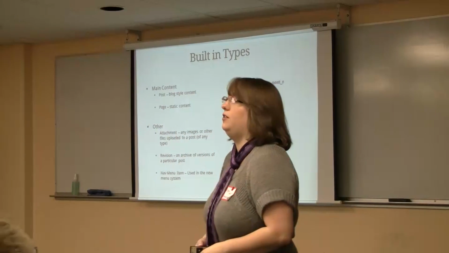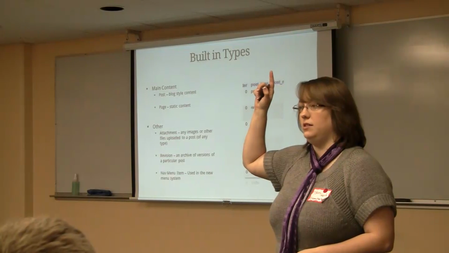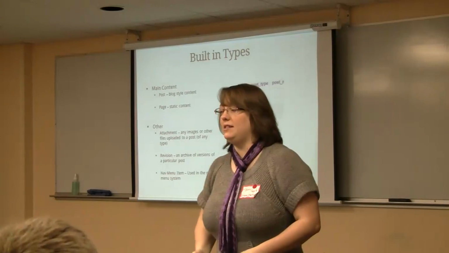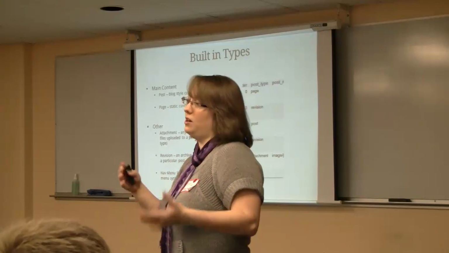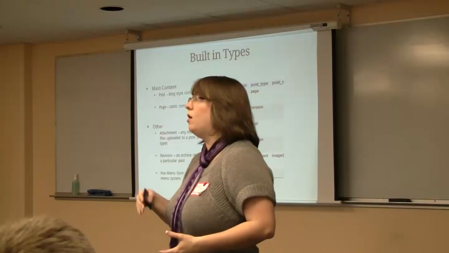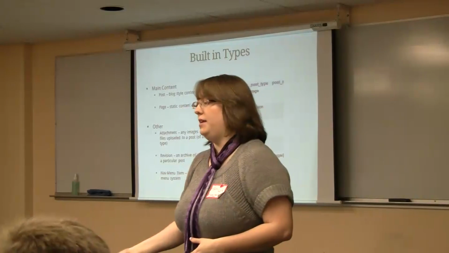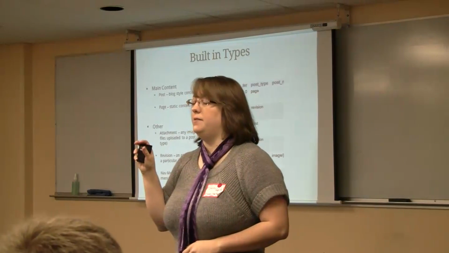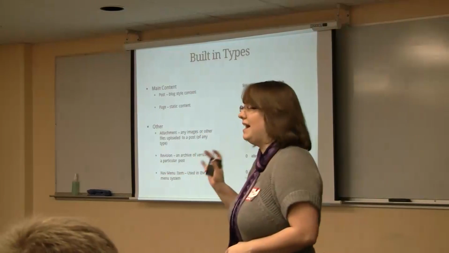And if you were, I don't know, did anybody come from the images presentation upstairs? Okay, so he talked about attaching images, and basically what that means is that an image gets stored in the post table, or anything you upload and attach to a post, like a PDF or document. Anything you upload gets put into the post table, and the post type that is assigned to it is attachment.